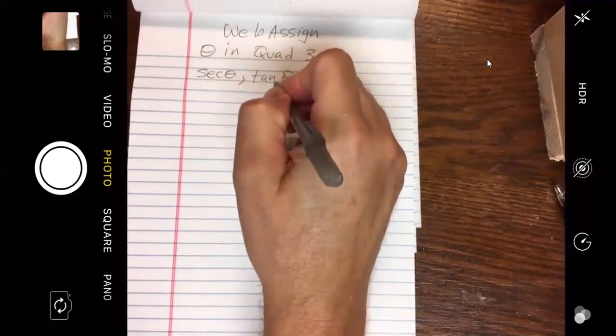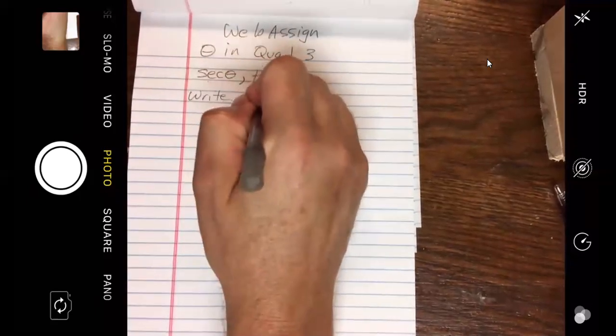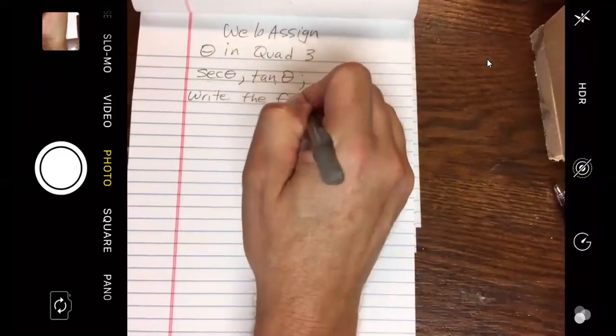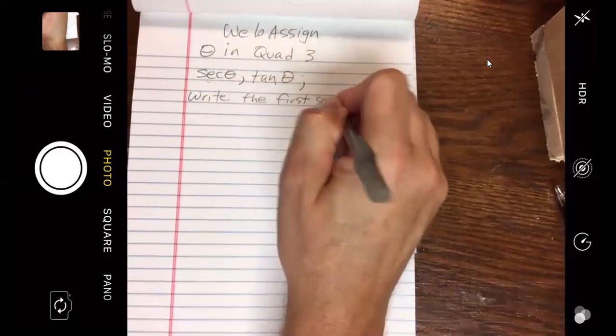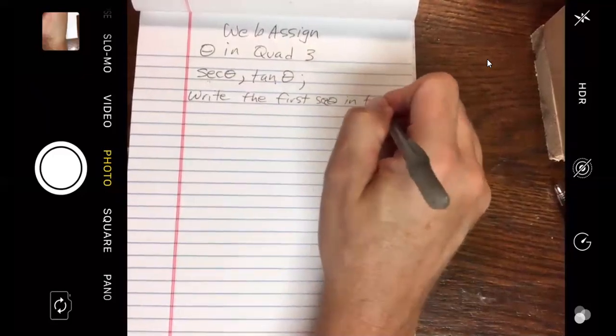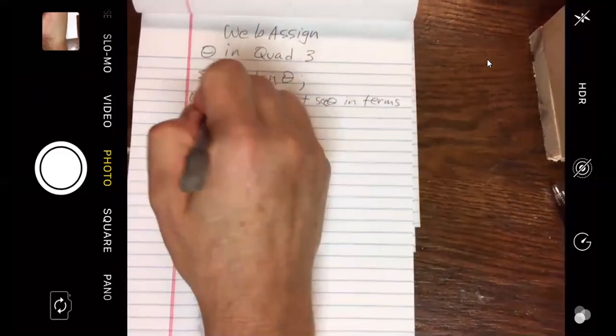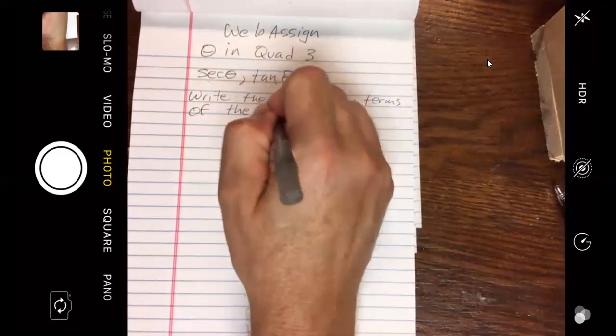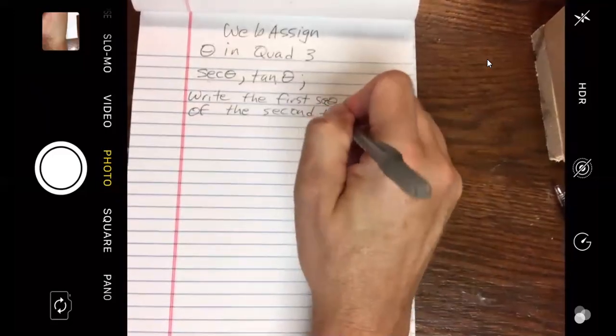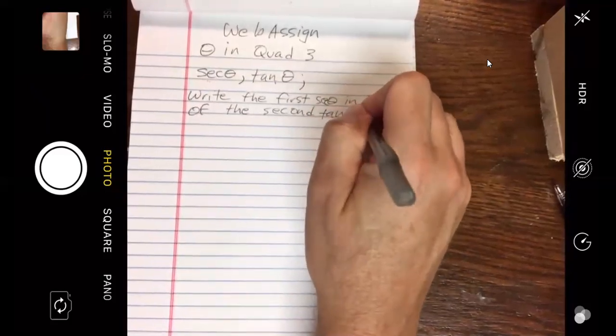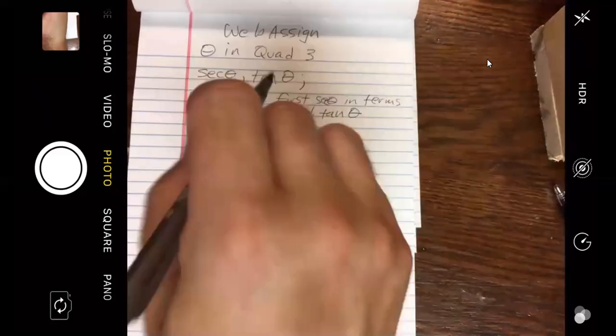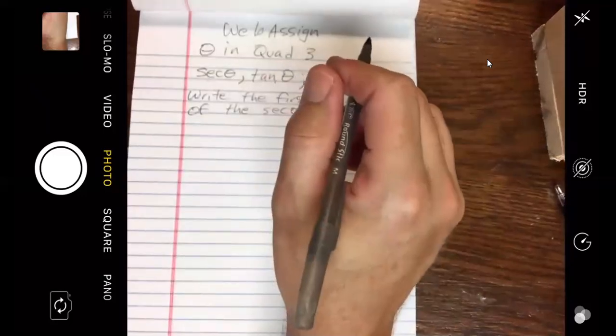So the first would be secant theta in terms of the second, which would be tangent. There can be several ways to do this.